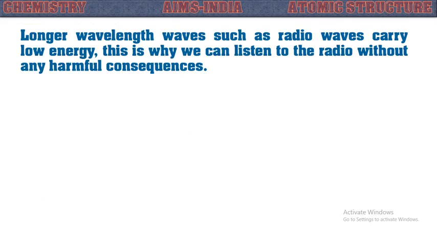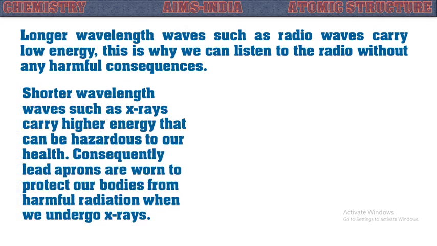Longer wavelength waves such as radio waves carry low energy. That is why we can listen to the radio without any harmful consequences. Whereas shorter wavelength waves such as X-rays carry higher energy that can be hazardous to our health. That is why aprons are worn to protect our body from harmful radiations when we undergo X-rays.